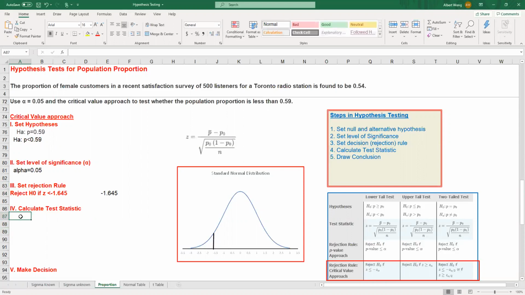All right, so now let's calculate the test statistic. So how do we do that? All right, compare what you see from the data.